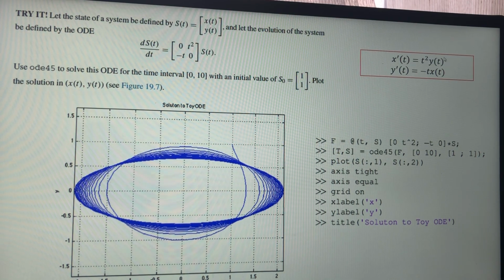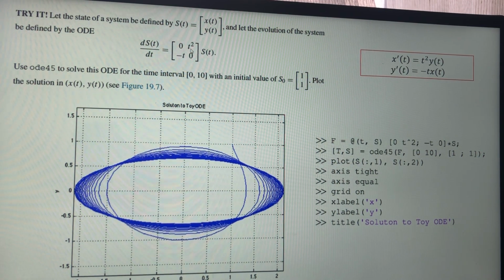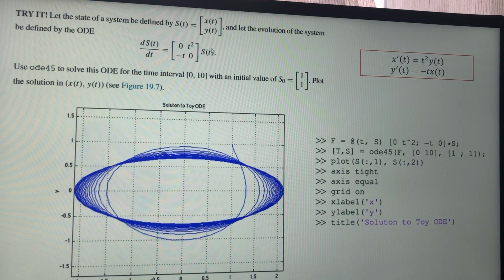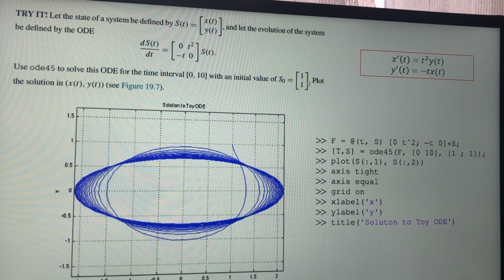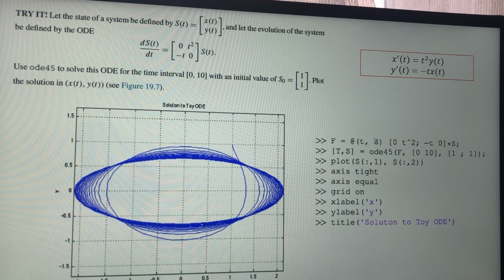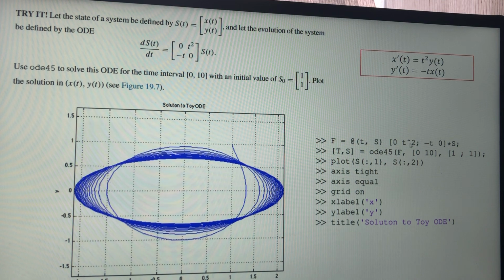We are just turning the right hand side into a matrix times a vector. Starting from 1, 1 and the time interval 0 to 10, again you can call ODE45. The right hand side is the matrix 0, t squared, minus t, 0 times s.